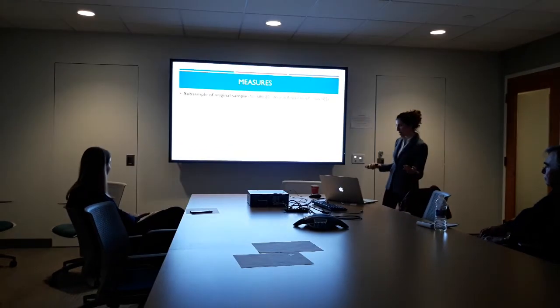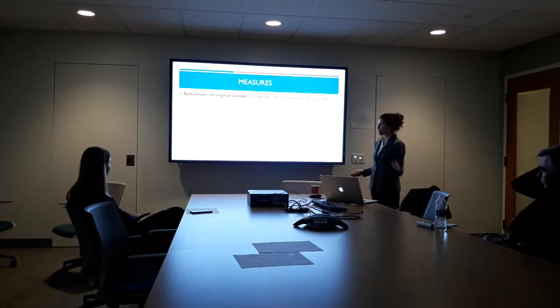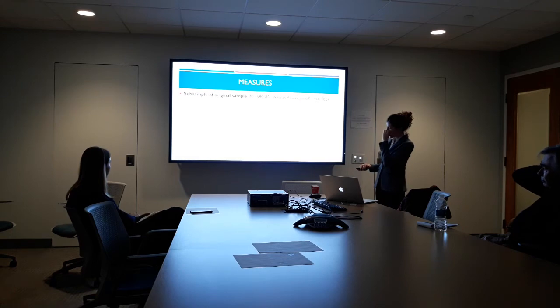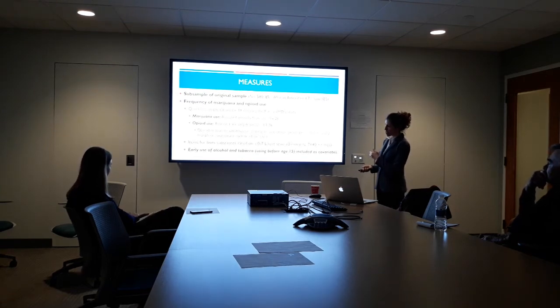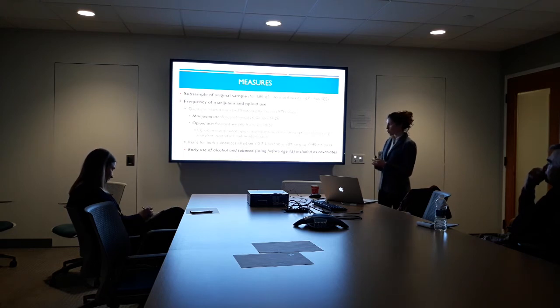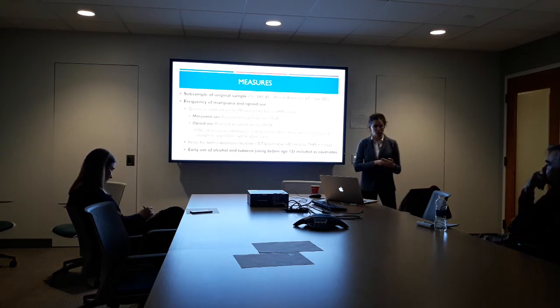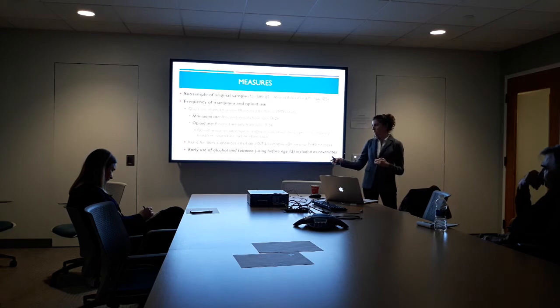We used a subsample of the original sample that I've described, including about 600 individuals, a majority African American, low SES sample. Marijuana use was assessed from ages 14 to 26. Opioid use was assessed starting at age 19 and continued to age 26.